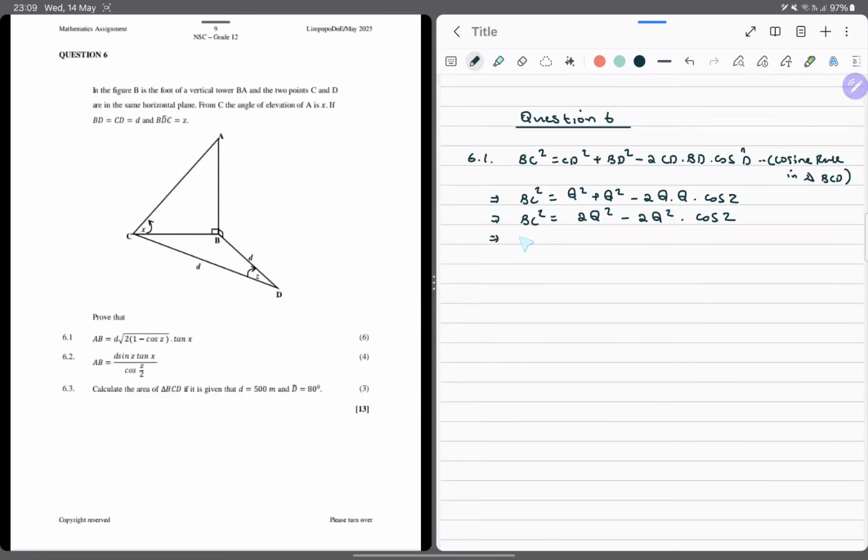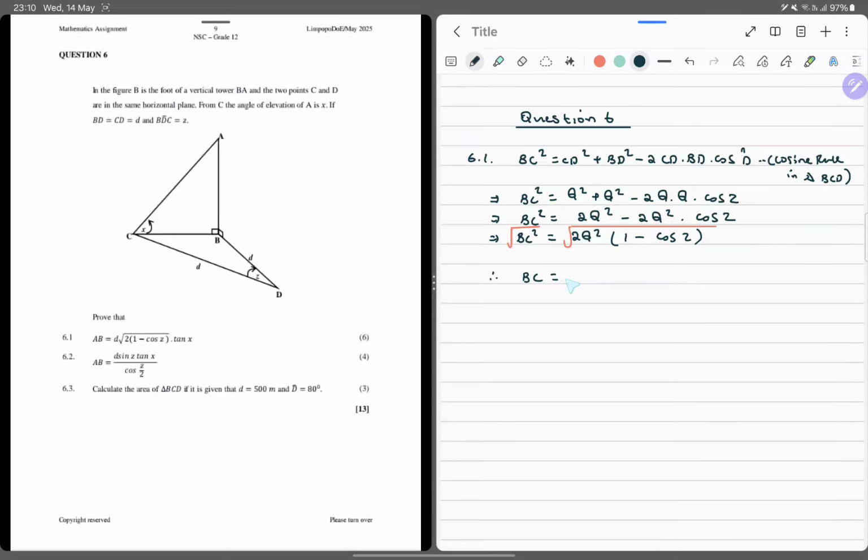So we can factorize here. BC squared is equal to 2d squared, the common factor, times 1 minus cos z. Of course, what guides me is that I saw there's a 1 minus cos z and there's a 2 out as well, so this makes sense to do. So what do we do now? Take the square root of the left hand side, and whatever we do to the left hand side, we must also do to the right hand side.